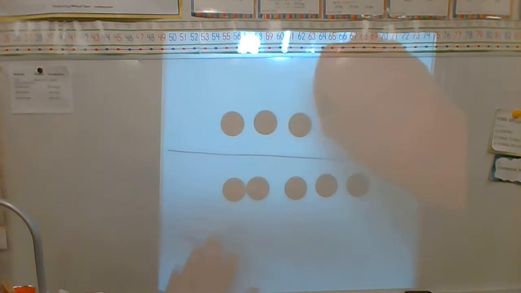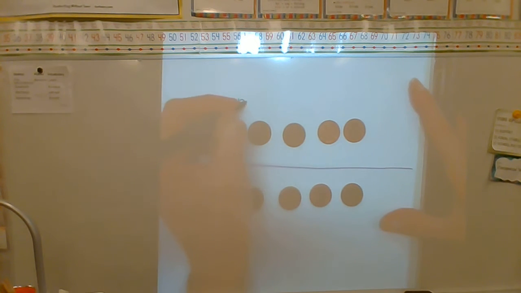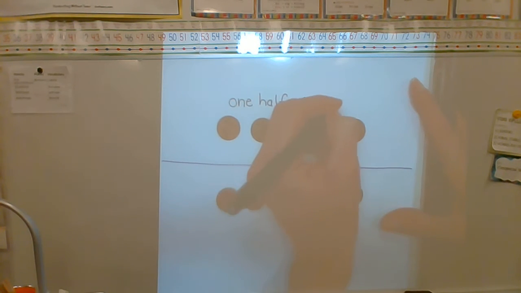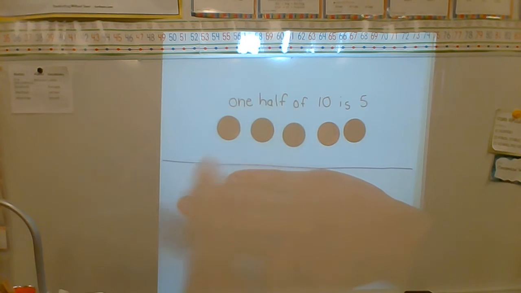That's right, 5, because what did you think of? You thought about 5 plus 5 is 10. So we might write 1/2 of 10 is 5. If I covered up half, I can see that 1/2 of 10 is 5.